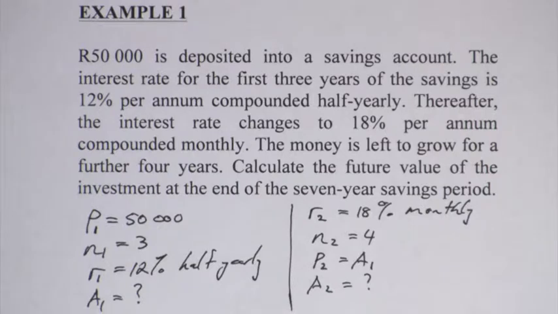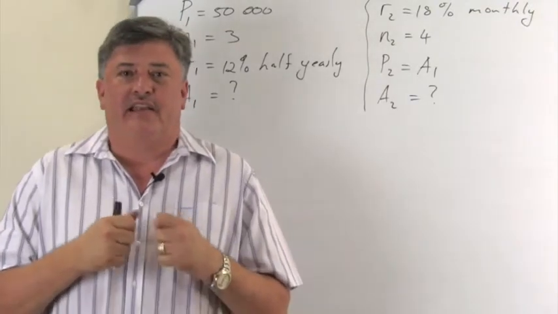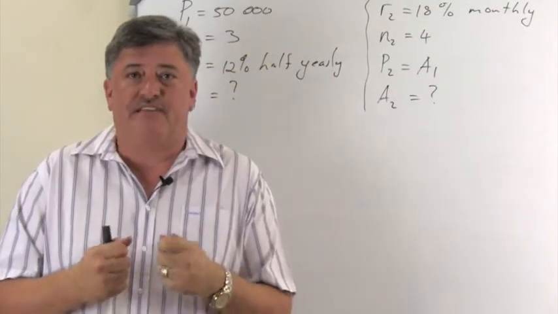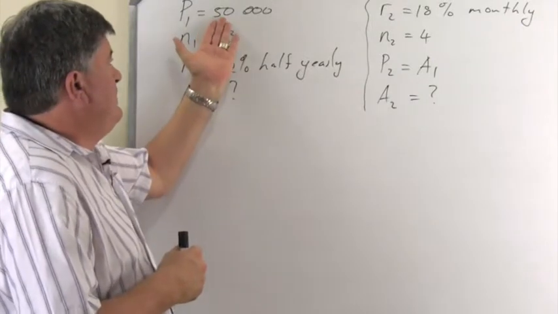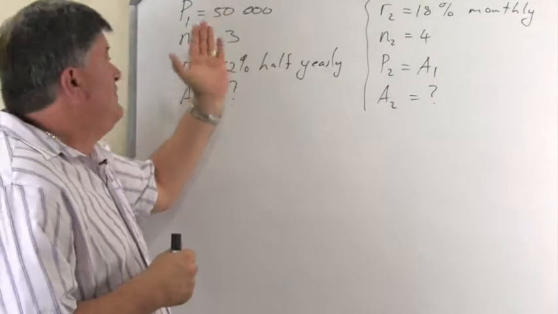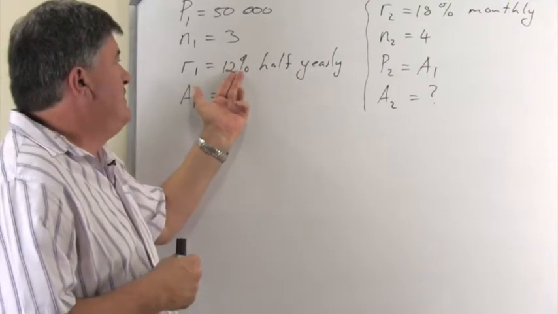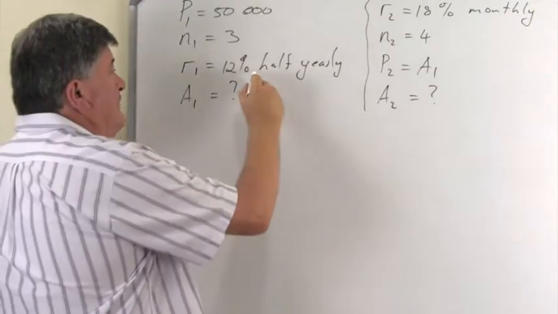Let's now discuss this and draw the timeline. In this problem, they gave us an investment. Like I suggested, make yourself a summary before you attempt this question. The investment originally was 50,000 Rand. It is for a 3-year period at 12% per annum, half yearly. That is your compounding, half yearly.